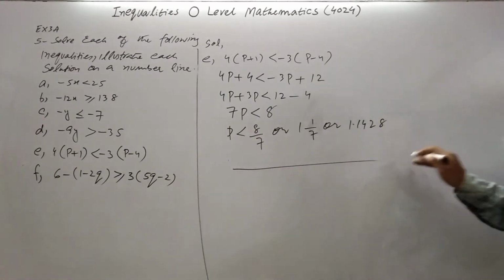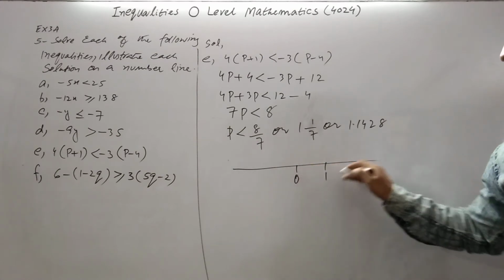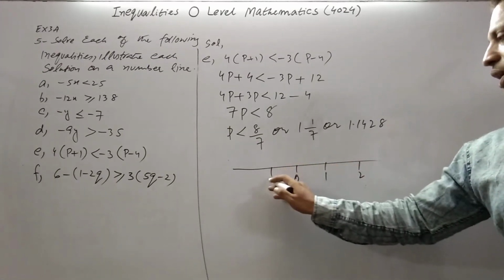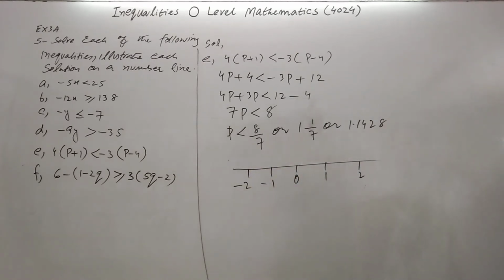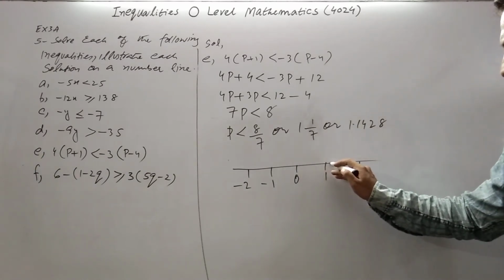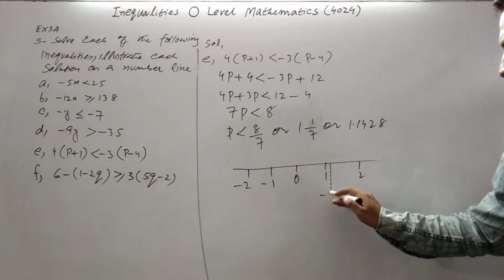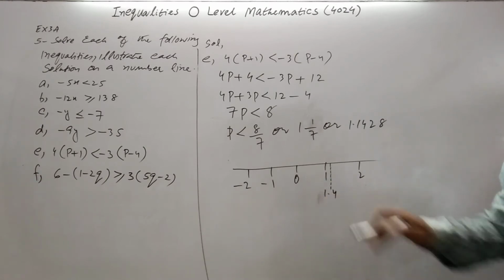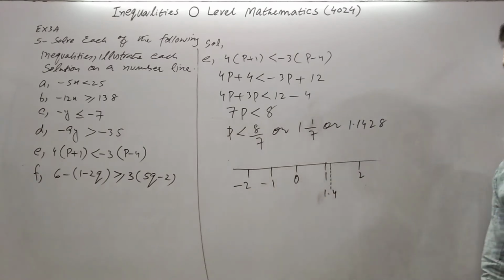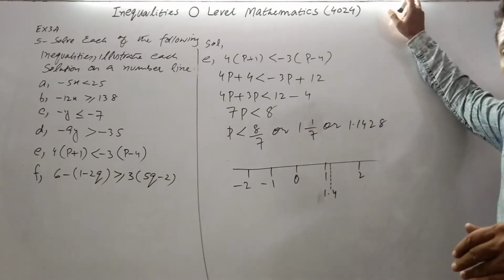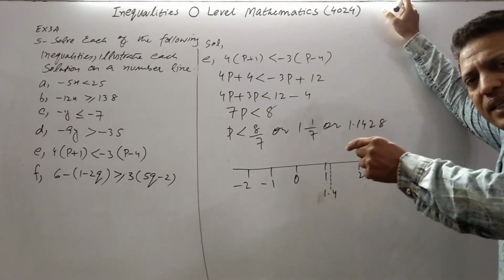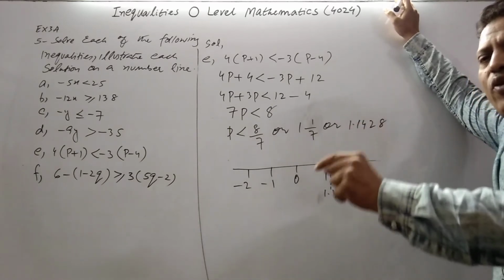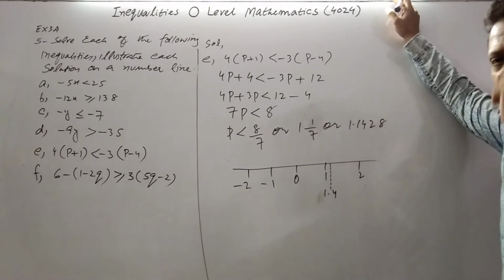How to draw a number line? This is 0, this is 1, this is 2, this is minus 1, this is minus 2. So where does our answer lie? 1.14 is just after 1. But if you want to write a more accurate number line, you can take the interval 0.1, 0.2, 0.3, 0.4, 0.5 and so on.